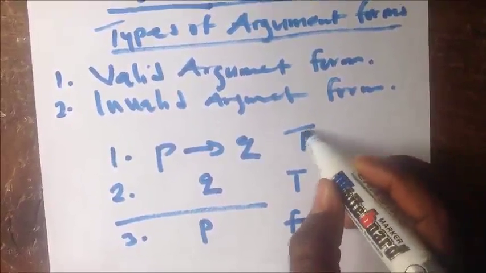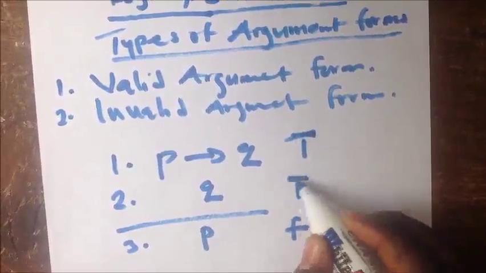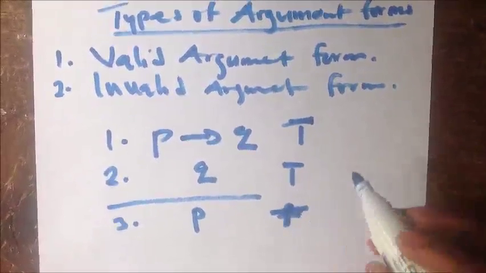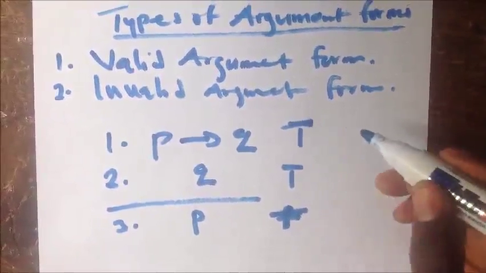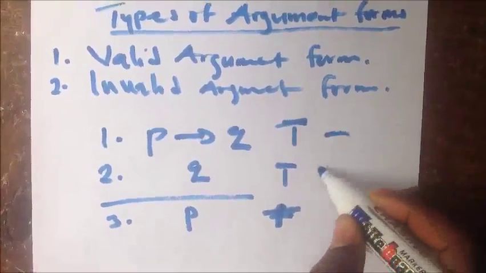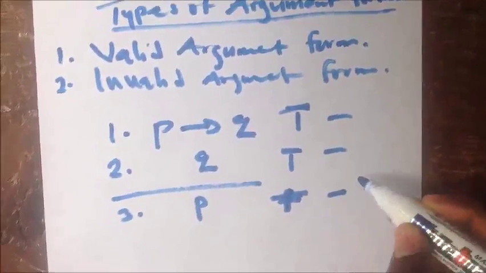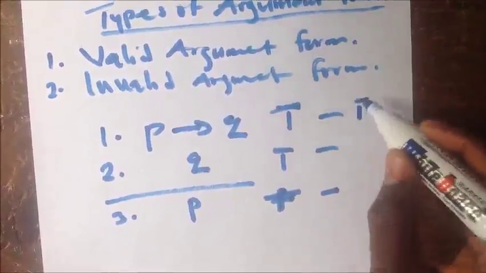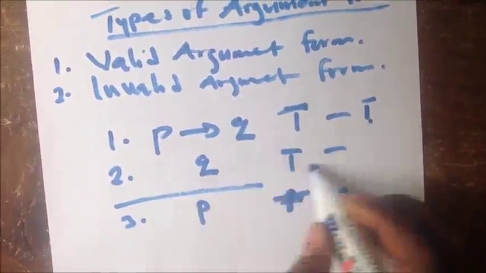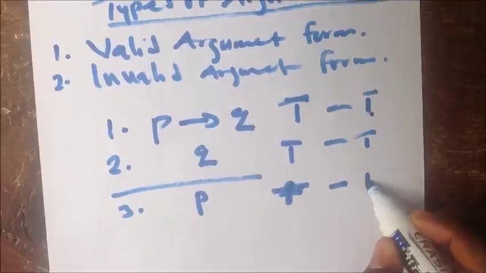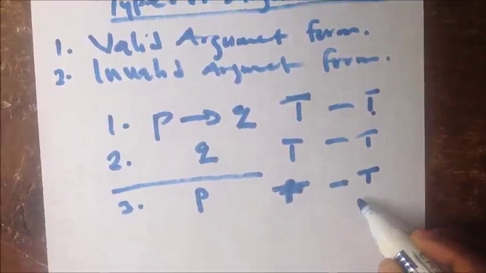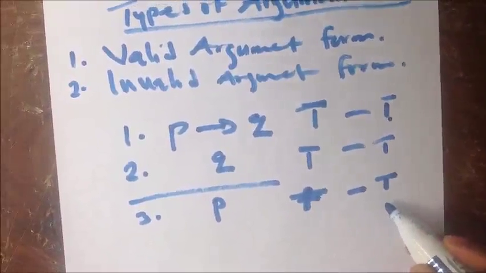Or let's say here is true, here is true, and here it must be true. In the case of a valid argument, all the assertions must be true: argument number 1 must be true, number 2 must be true, and the conclusion must therefore be true. That's what the valid argument form is saying.